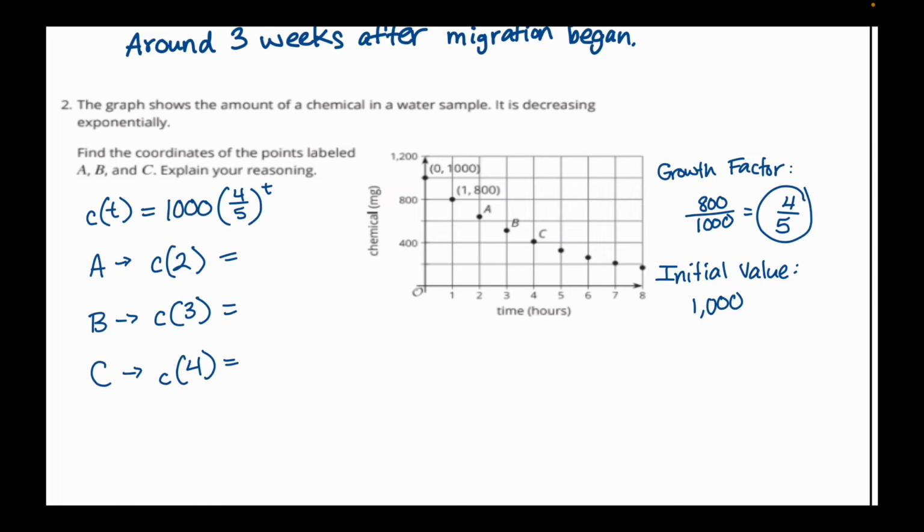On my calculator, when I plug in 2, I'm getting 640. Then if I plug in a 3, I'm getting 512. And if I am plugging in a 4, I get 409.6. Okay.